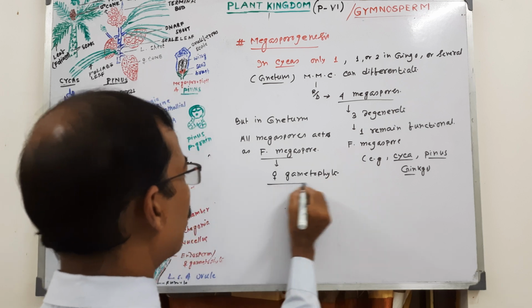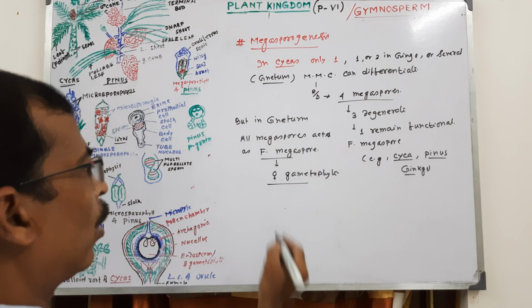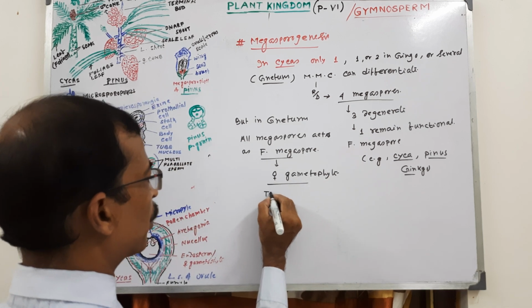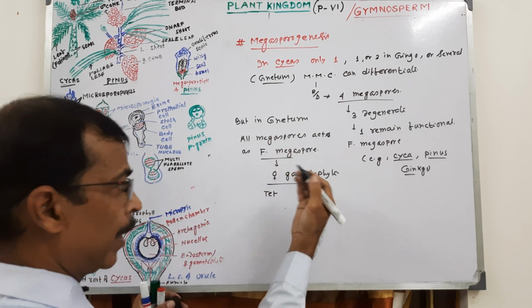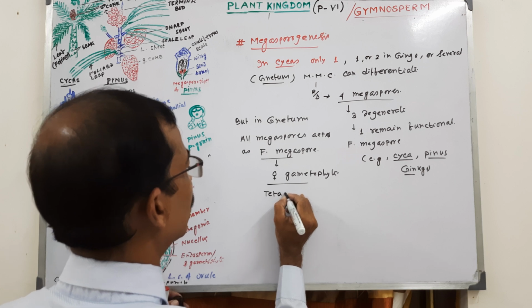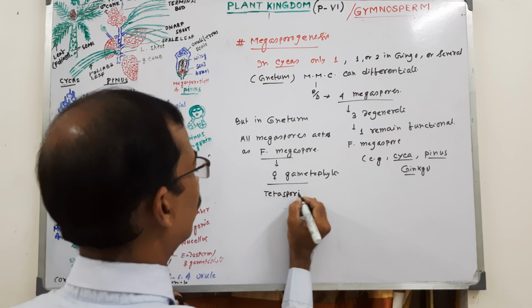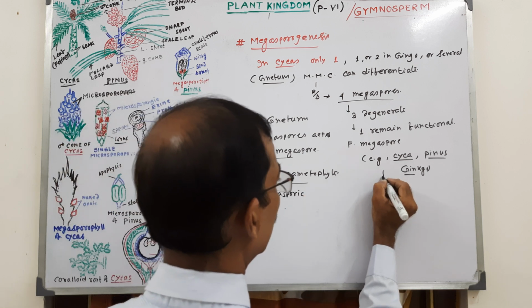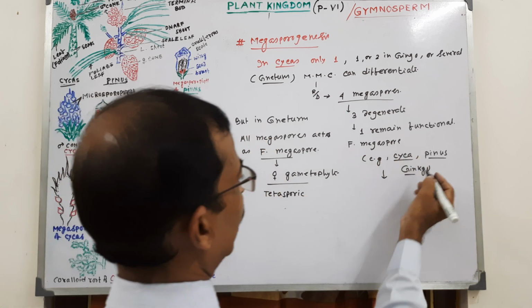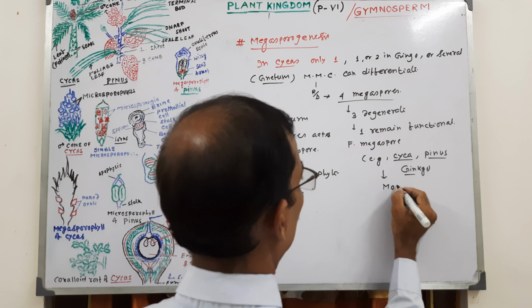This type of development of the female gametophyte or embryo sac is called tetrasporic, as four functional megaspores form the gametophyte. It is found in some gymnosperms and some angiosperms. But in the others, the development of the female gametophyte is called monosporic.